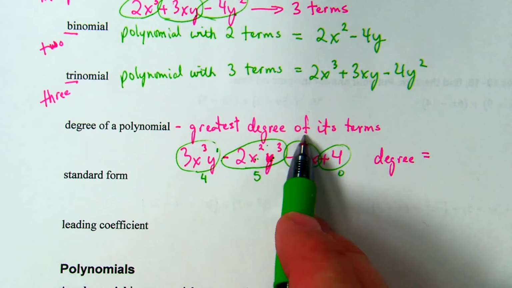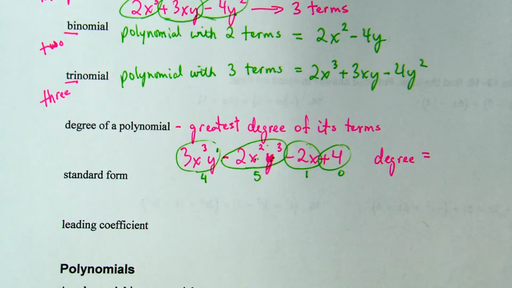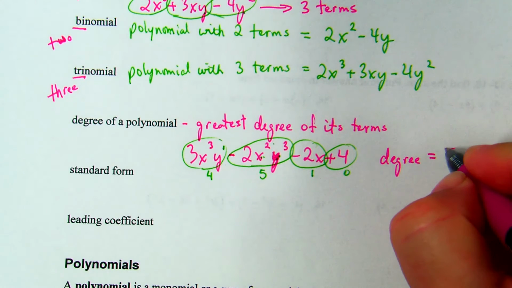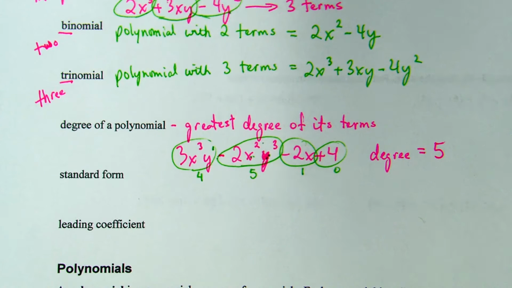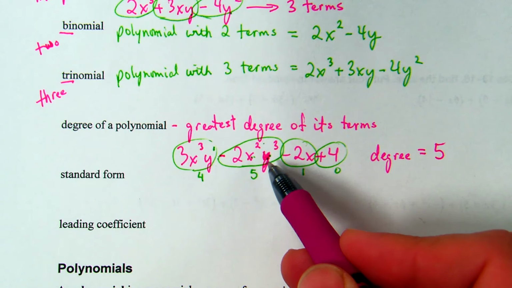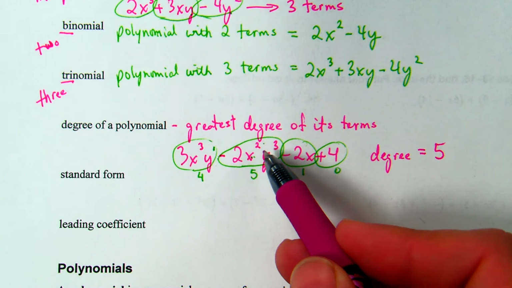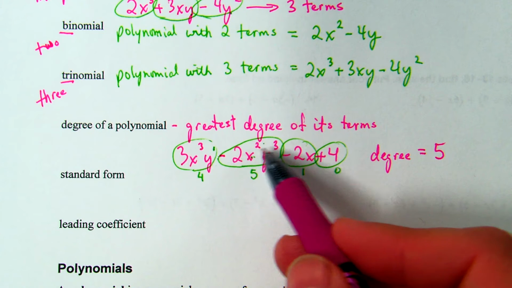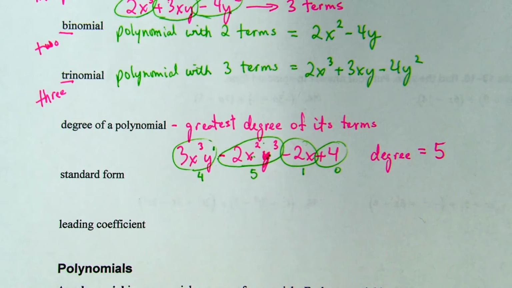The greatest degree of its terms. It's going to be equal to what? 5. Okay, 5 is the highest degree we have. We have an x squared and a y cubed. So basically what we're doing is just adding the exponents of the variables together to get the degree of the polynomial.